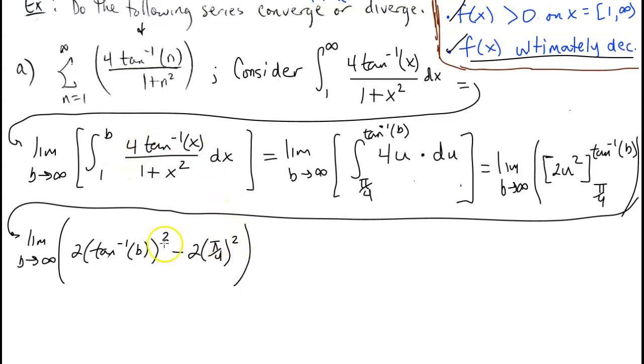And so at this point, we just need to evaluate this particular limit. Essentially, we're just going to plug in infinity wherever we see b. And here, this will be 2 times pi squared over 16.